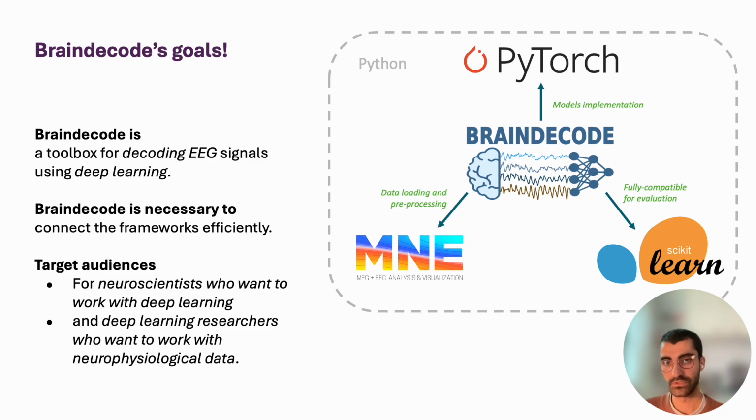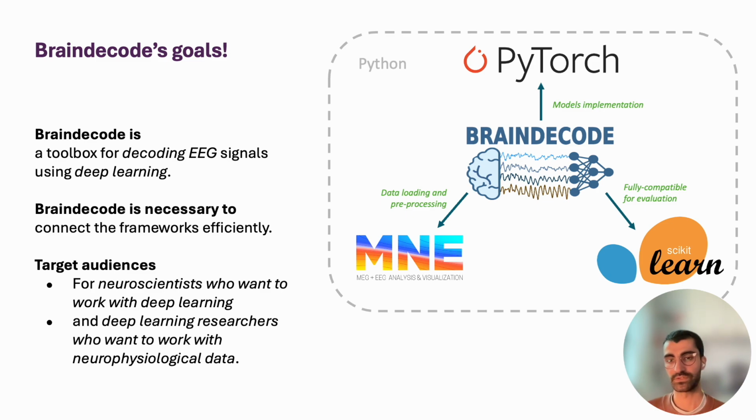BrainDecode is really in the middle, and we have three main interactions with external libraries. So you have on one side MNE that is used to load the data and preprocess the recordings. You have PyTorch, which is a deep learning library, and it's in PyTorch that we implement all the deep learning models.